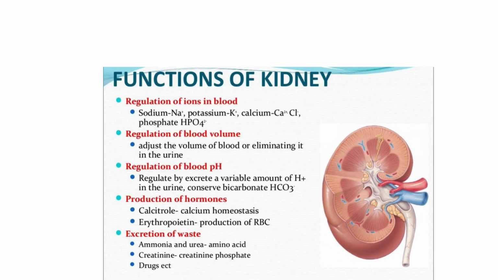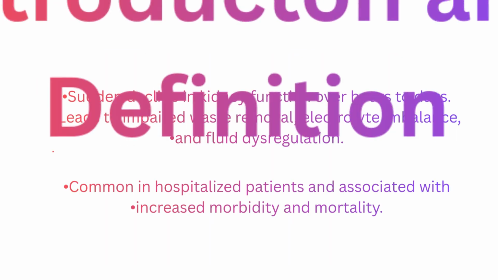From this illustration, you can see that the kidney has numerous functions, including regulation of ions in blood, regulation of blood volume, regulation of blood pH, production of hormones, and also excretion of waste. Acute renal failure, most commonly referred to as acute kidney injury, is a sudden decline in kidney function that occurs over hours to days.